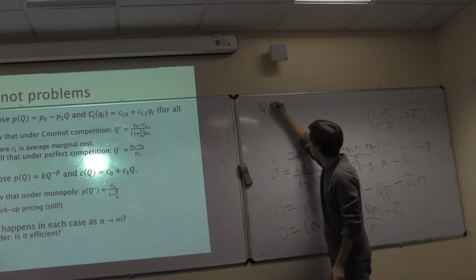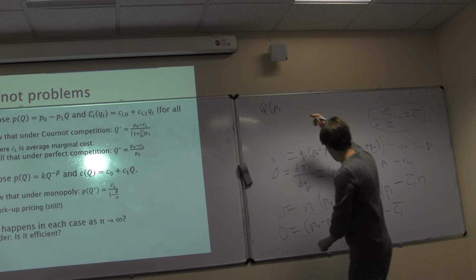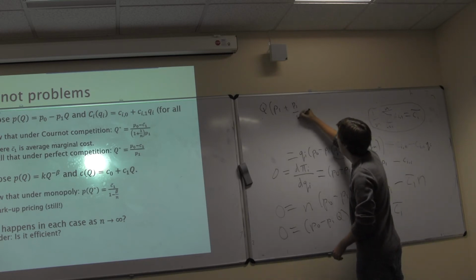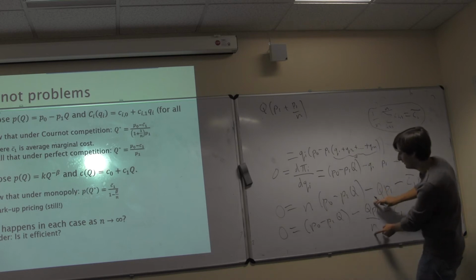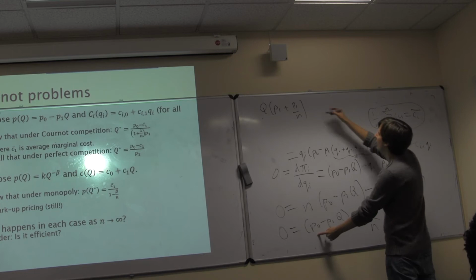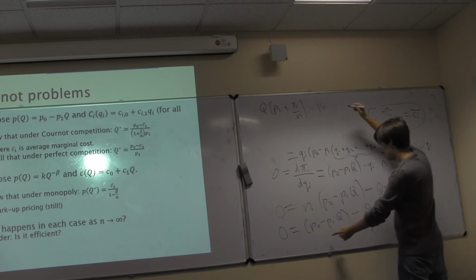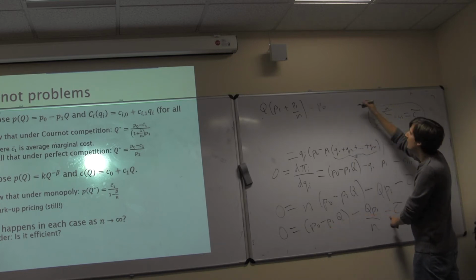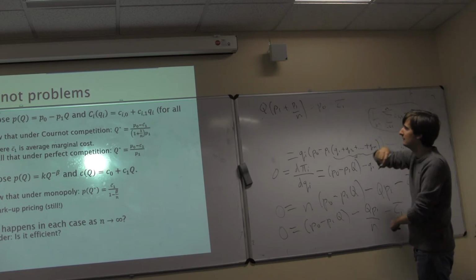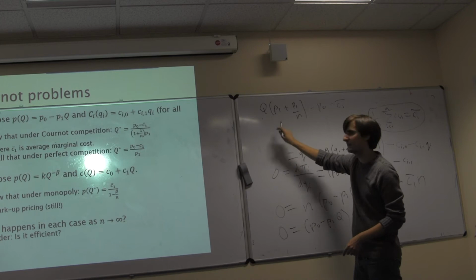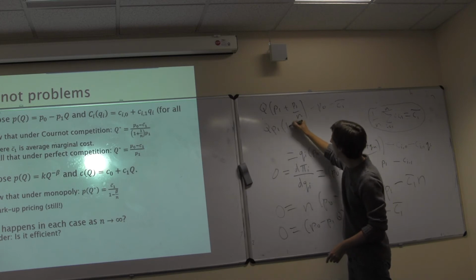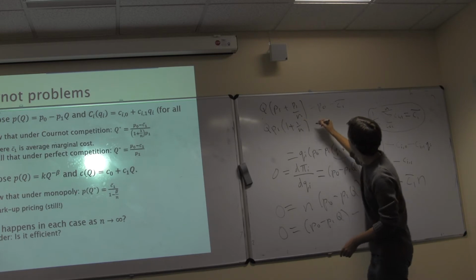So we get big Q times P1, which is that P1, plus P1 over n, which is this P1 over n. And then on the right hand side we leave everything else. So we've got P0 minus C1 bar. Let's rewrite this left hand side as big Q times P1 times 1 plus 1 over n.